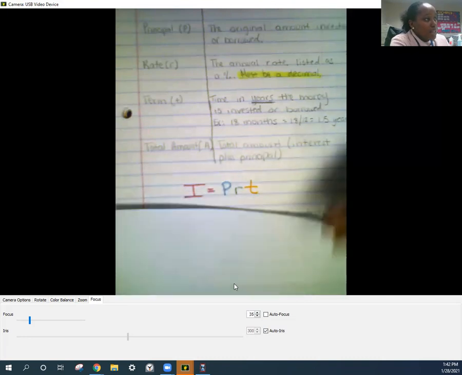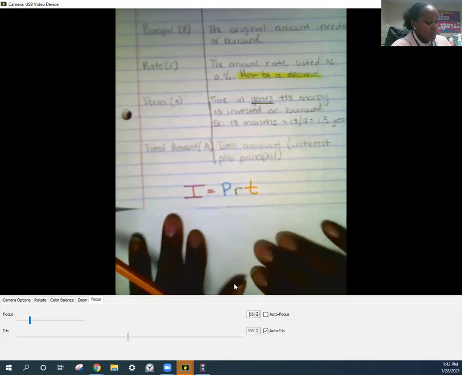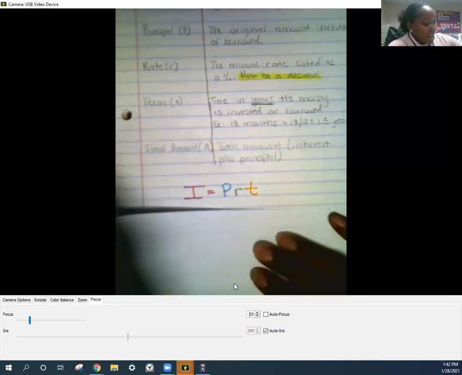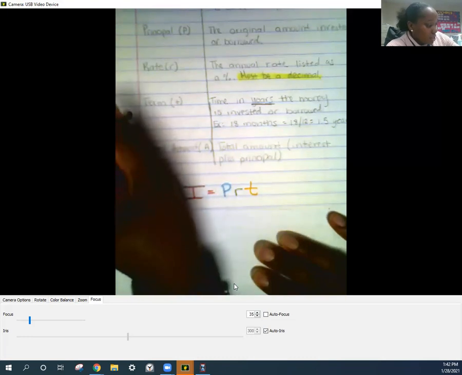So our simple interest formula is going to be I equals PRT. So what this is saying is our I, again, is our interest. So here's our interest.